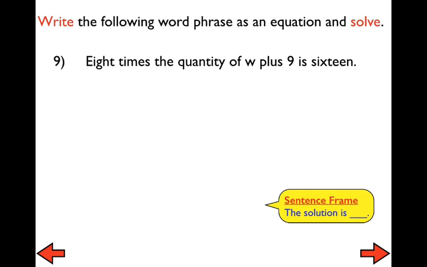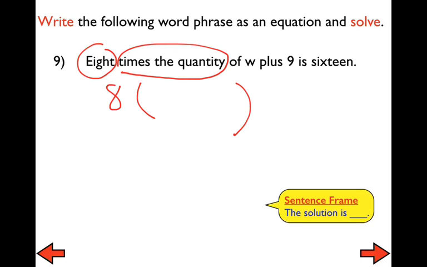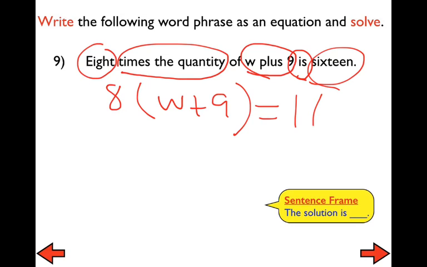All right, let's take a look at this one. We have 8 times the quantity, so that means we're going to use parentheses, of w plus 9 is, in math, a lot of times means equals, and then 16.